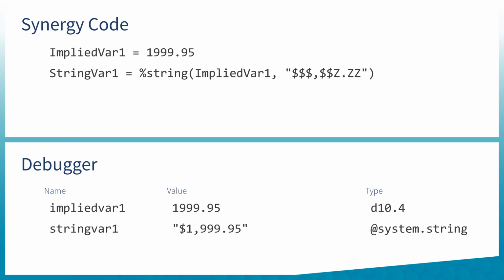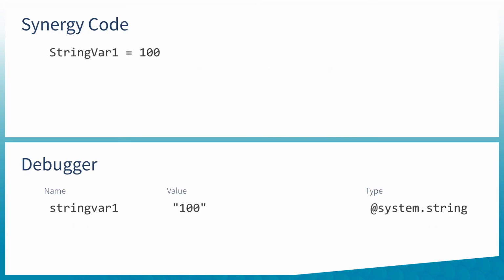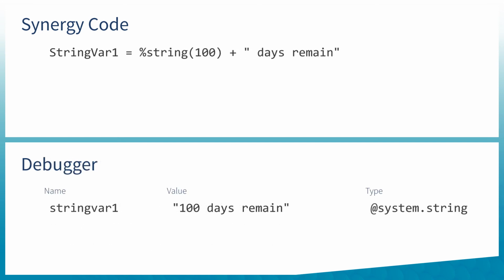It can be helpful if you want to insert a numeric value into a longer string. While you can assign a single numeric value to an alpha or string field without any explicit conversion, you'll get an error if you try to concatenate a string with a number. But if you explicitly convert a number to a string, you can easily concatenate it with other strings.